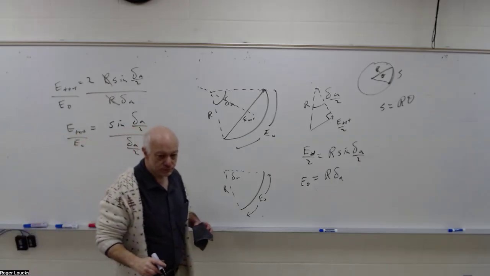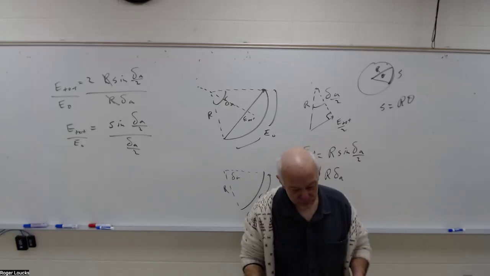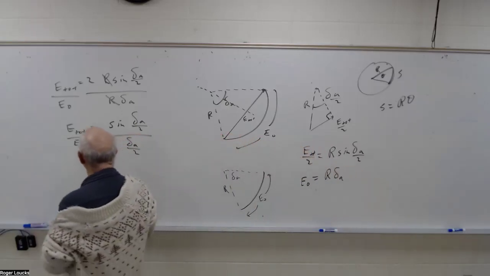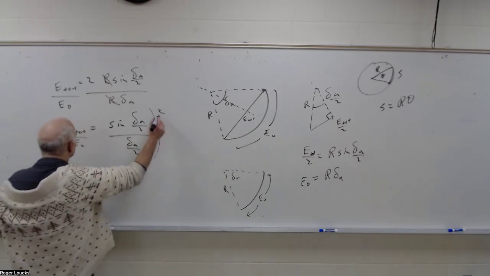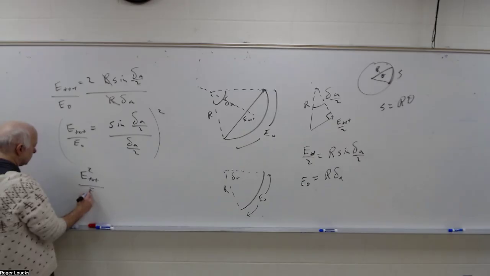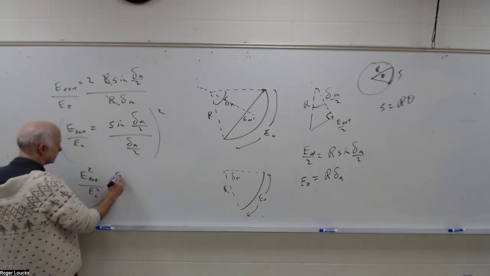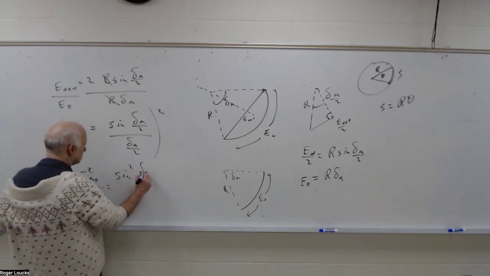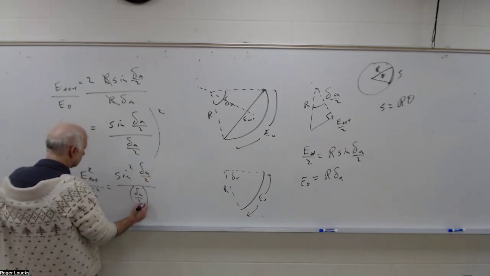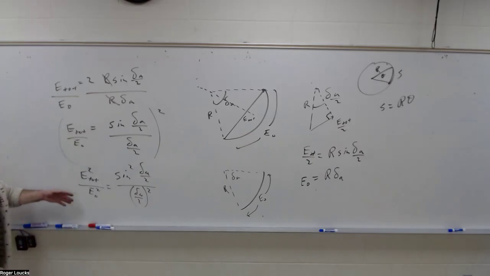Now what? Square both sides. This gives me E total squared over E naught squared equals sine squared of delta A over 2, over delta A over 2 squared. Now what's the ratio of these two things equal?